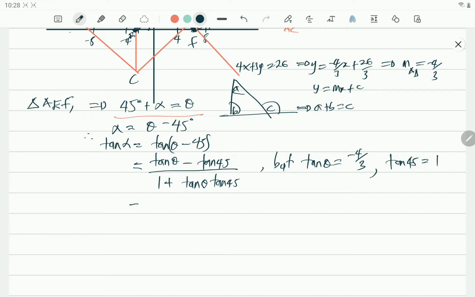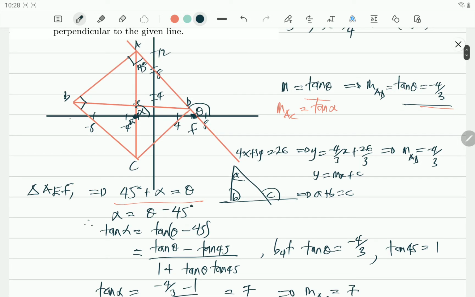So we just evaluate it at minus 4 over 3 minus 1 over 1 plus minus 4 over 3 times 1, and everything here will give you 7. So from here it means we have tan alpha to be equal to 7. That means the gradient of the line AC is equal to 7.